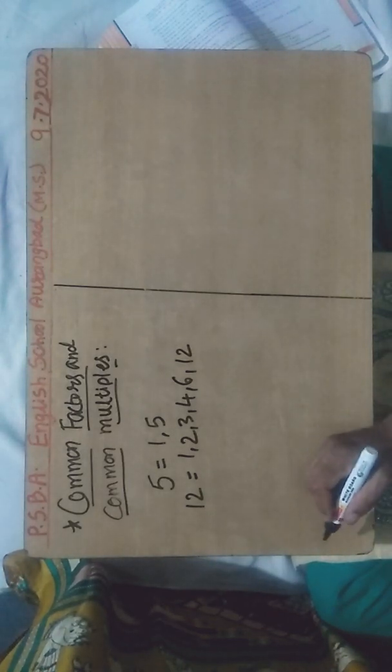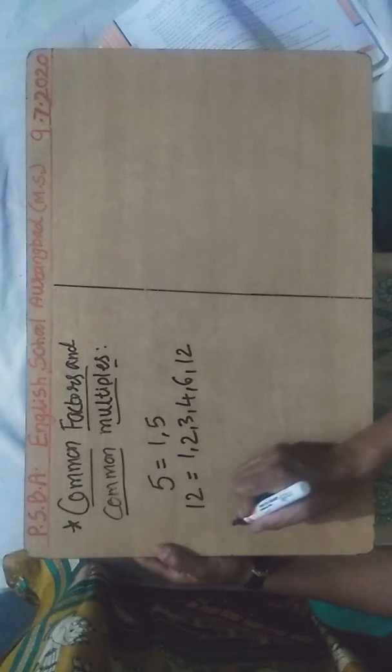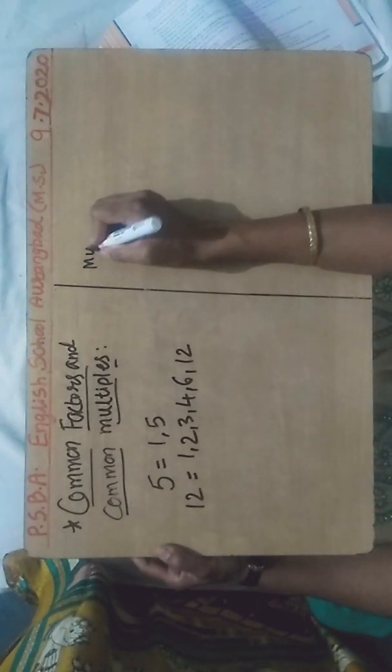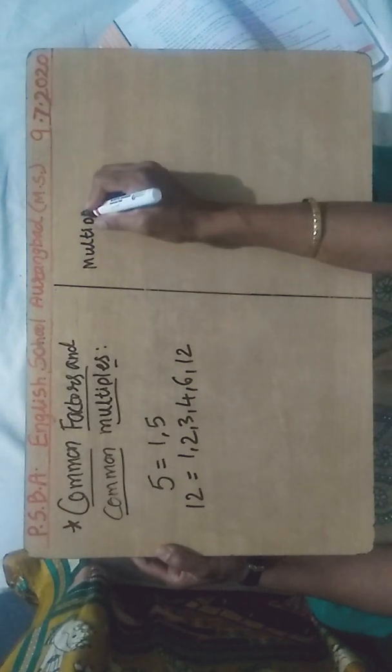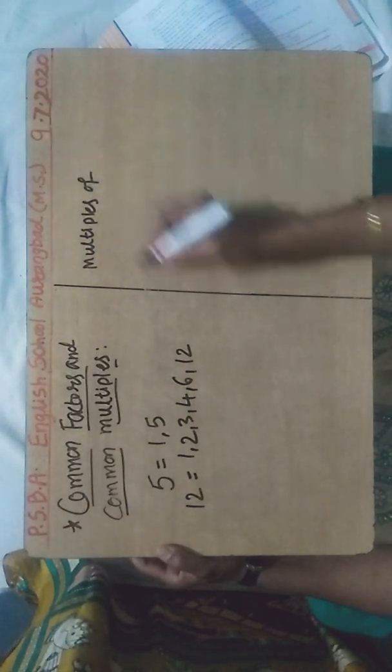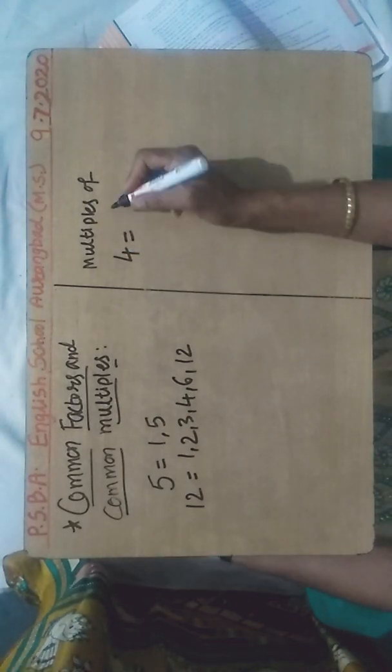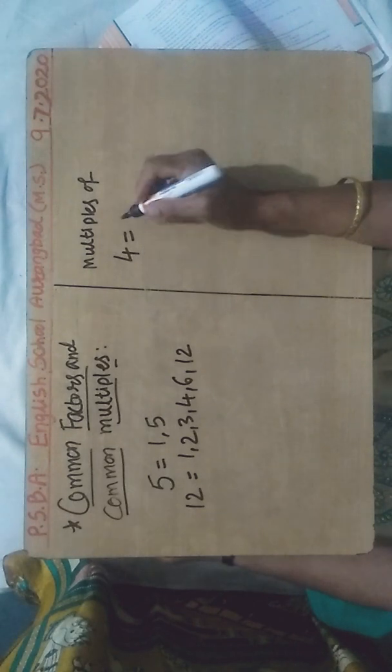Okay. Now if I want to find the multiples of 4, here I will write multiples of 4. So multiples of 4 we can write, the first multiple is always the number itself.